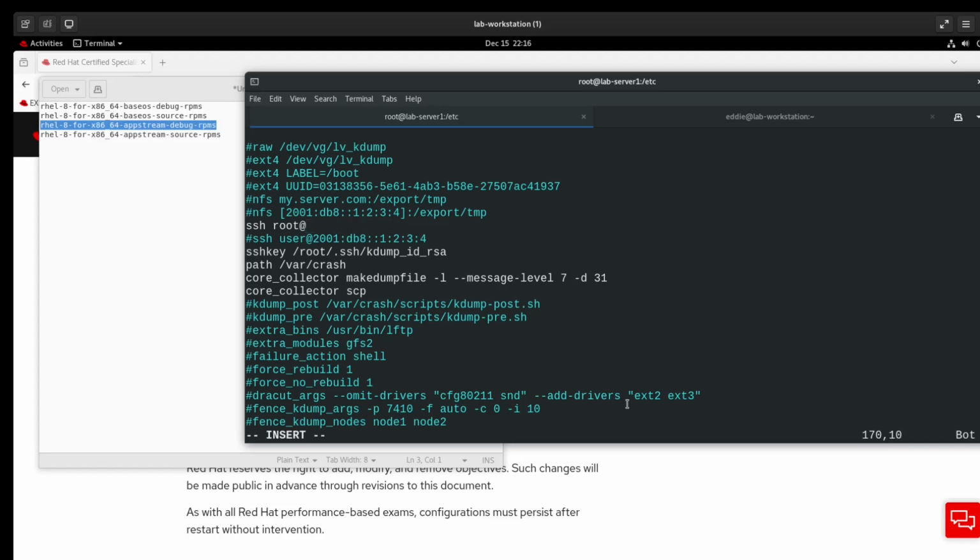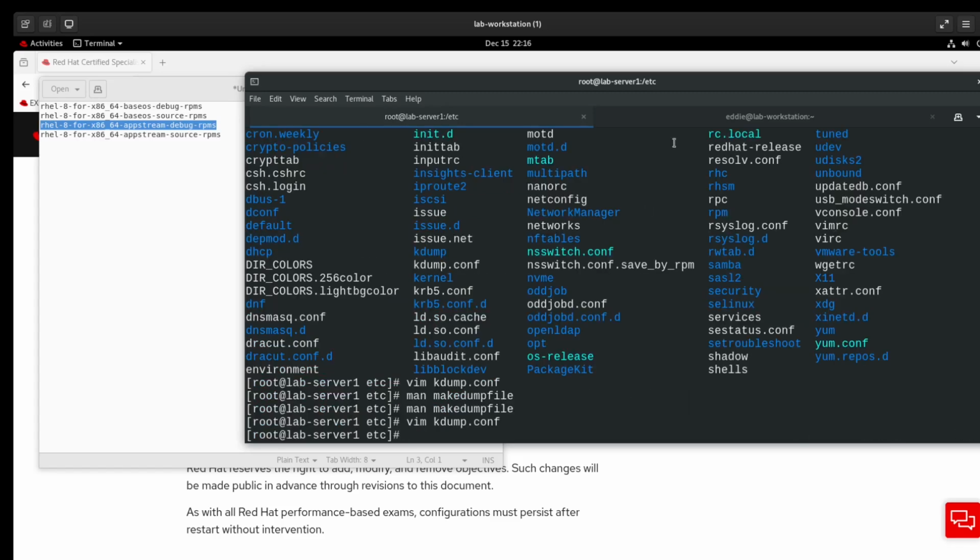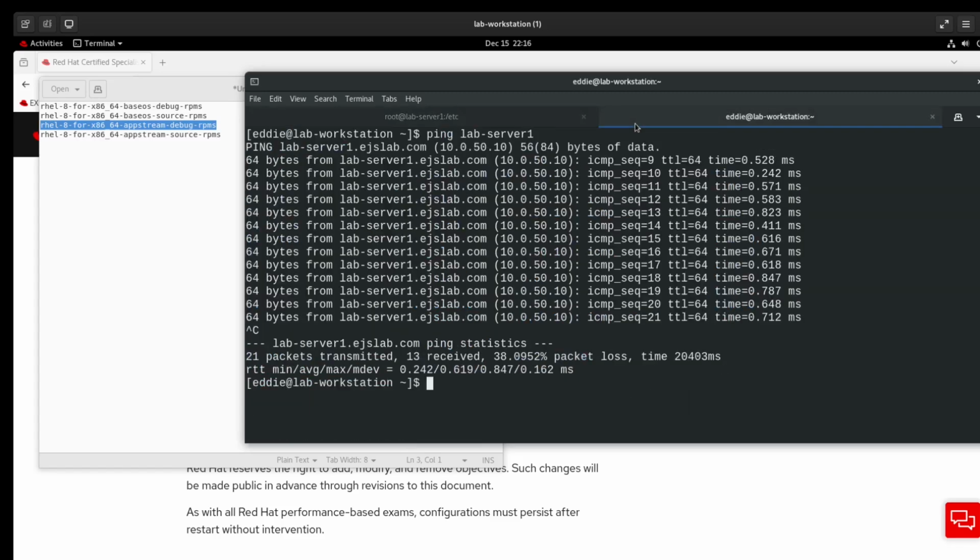So let me do lab server 2 egslab.com, and I'm actually not sure if I've set root to where it can SSH. So let me try that over here real quick. So usually SSH is me and then become root. Yeah.